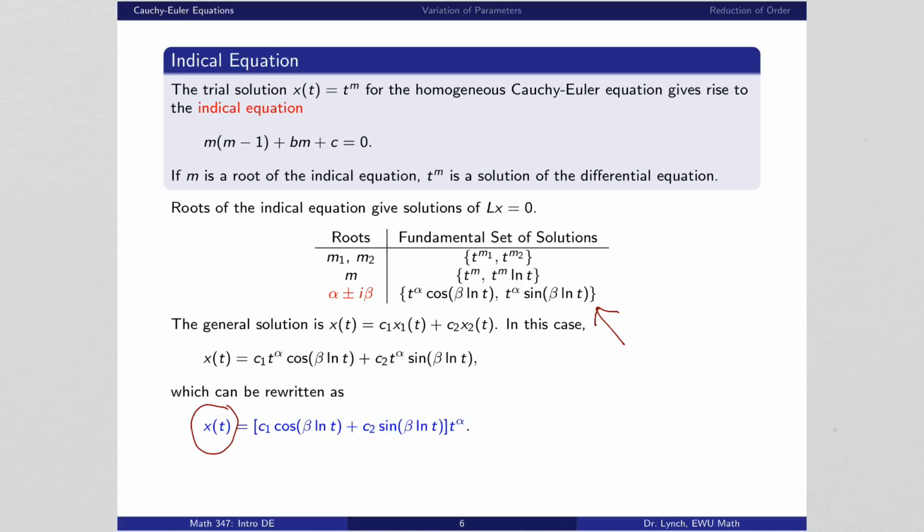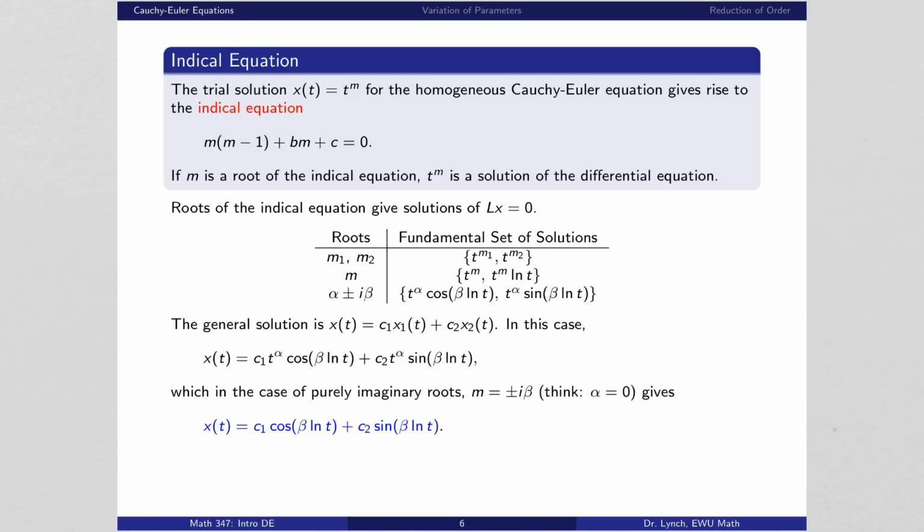I'll mention that just like before, the purely imaginary case gives rise to solutions with only cosine and sine. As you might expect, alpha equals 0 gives us that t to the alpha is 1, and this purely imaginary case follows directly from the case where we have complex conjugate roots.